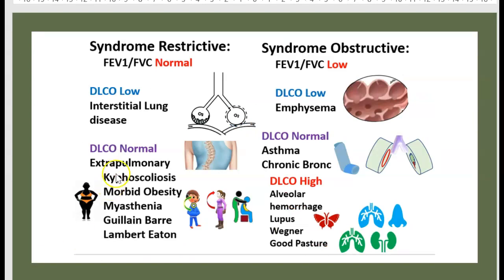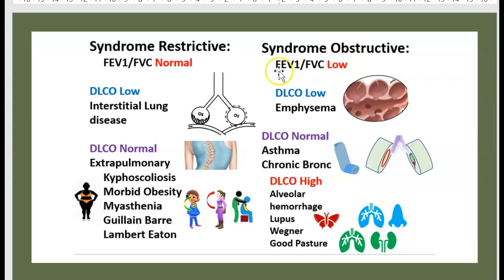Let's recap. Restrictive disease, FEV1 over FVC is normal. Obstructive disease, FEV1 over FVC is low. Regarding restrictive disease, if the DLCO is low, it's interstitial lung disease.